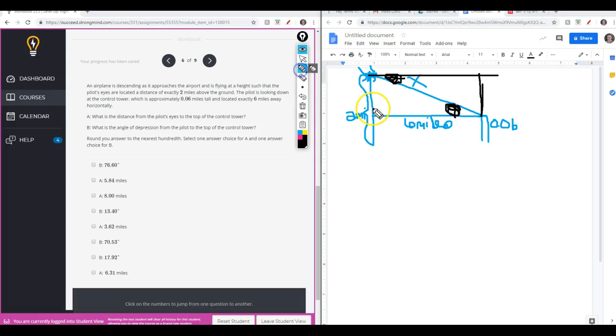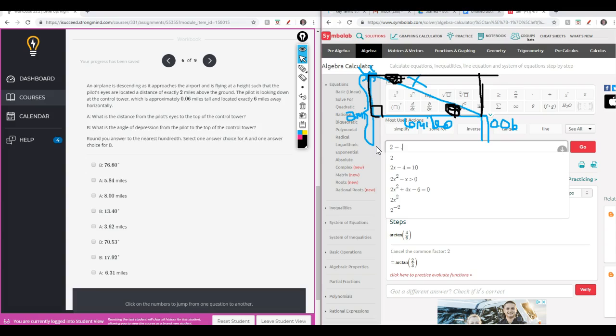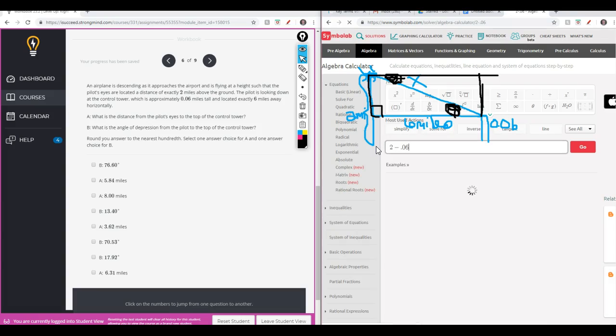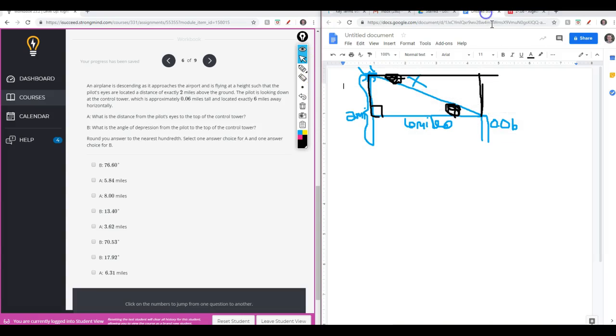So I'm thinking to myself, okay, well, this is a right triangle right in here. And I have 6 miles, and I actually have this length. It is not 2 miles, though. It is 2 miles minus that 0.06, so it would be 1.04. I just want to make sure that 1.94. It's a good thing I double-checked.